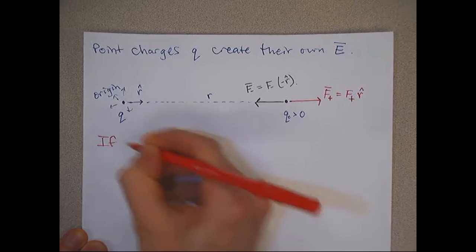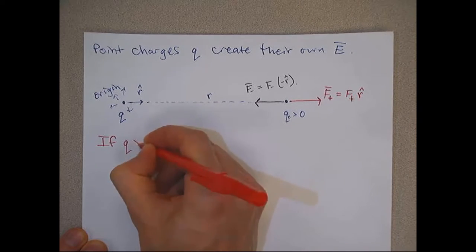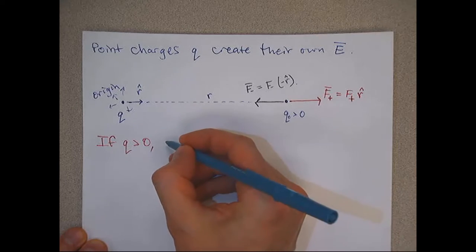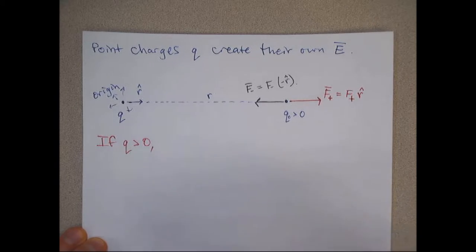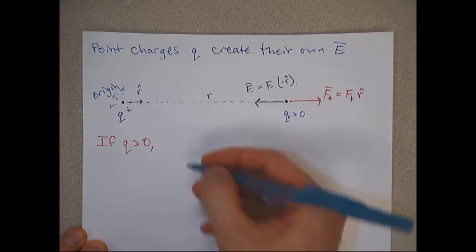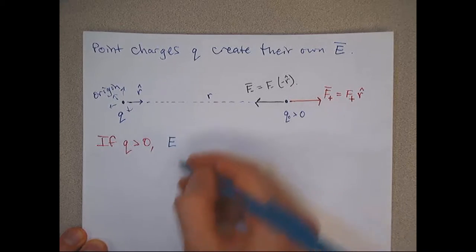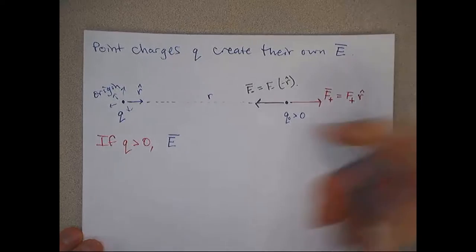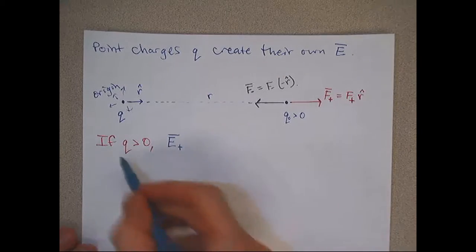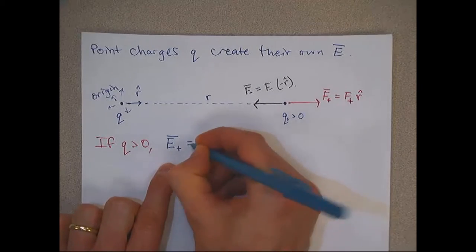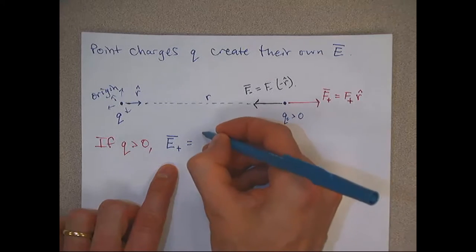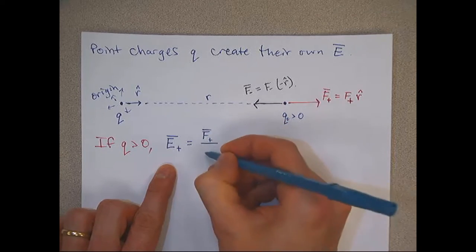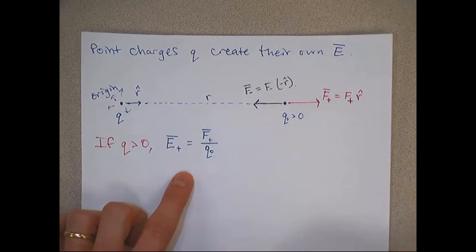If Q is positive, what we want to know is the electric field created by Q. I'll call it E plus because we're thinking about the positive case. That will be, by our definition, the F plus vector divided by the test charge, Q0.